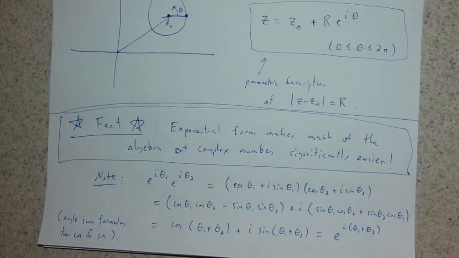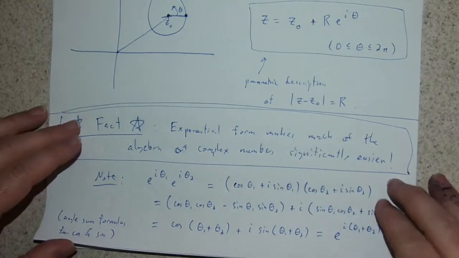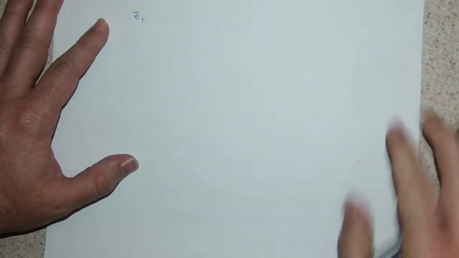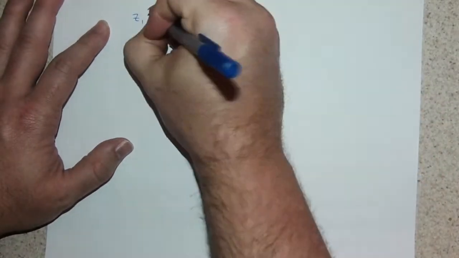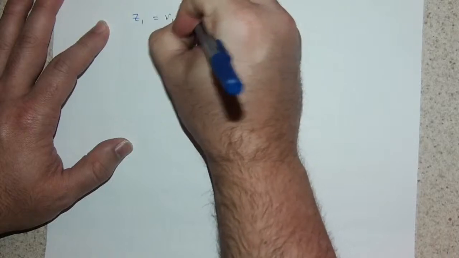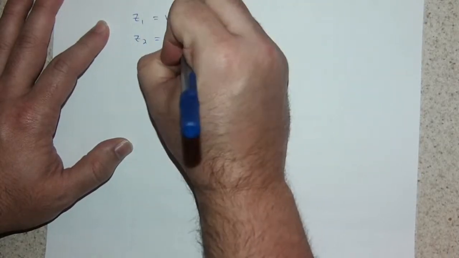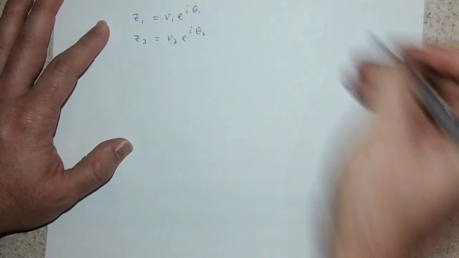Okay, so why is this nice? Well, this tells us that if we multiply two complex numbers in polar form, then what we get are complex numbers in polar form, right? So if we have a complex number z1 that is in polar form, so r1 e to the I theta sub 1, and z sub 2 is r sub 2 e to the I theta sub 2, right?